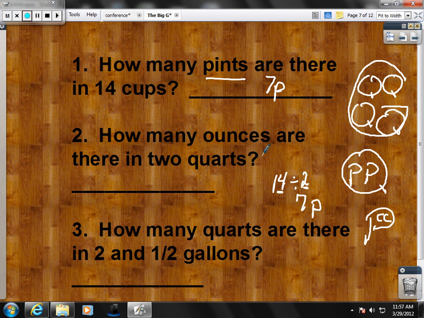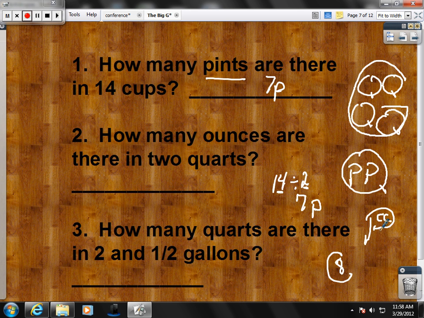And it says how many ounces are there in 2 quarts? Well, here's my Q, that's 1 quart, and inside 1 quart there are 2 P's, and inside 2 P's there are 2 C's, and inside 1 C there is 8 ounces.